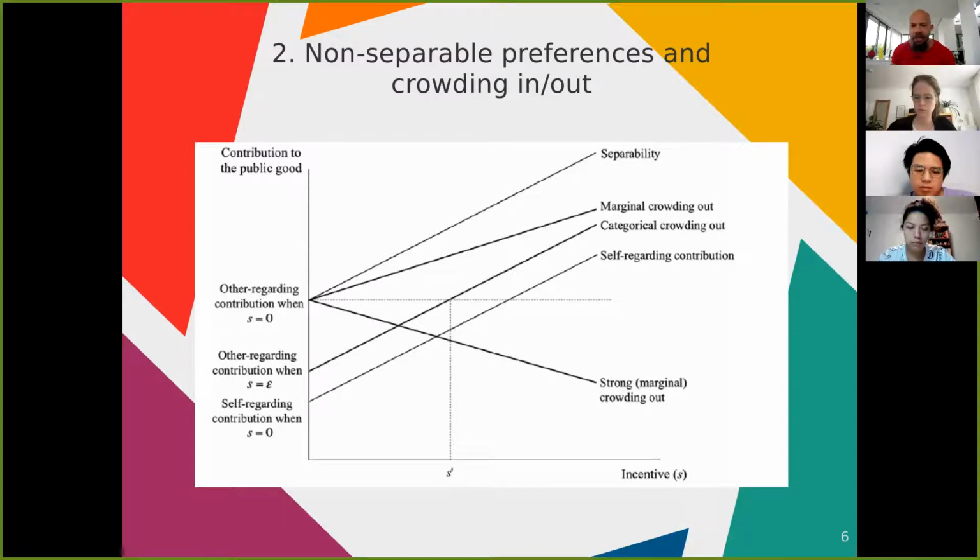And so if we have the separable preferences, which is the very top line, it just shows a linear relation between the incentive and the contribution. So you see people, in fact, react to the fine. They come to work on time. And these other lines show actually what the situation looks like when there is either weak, what he calls weak crowding out, or strong crowding out.